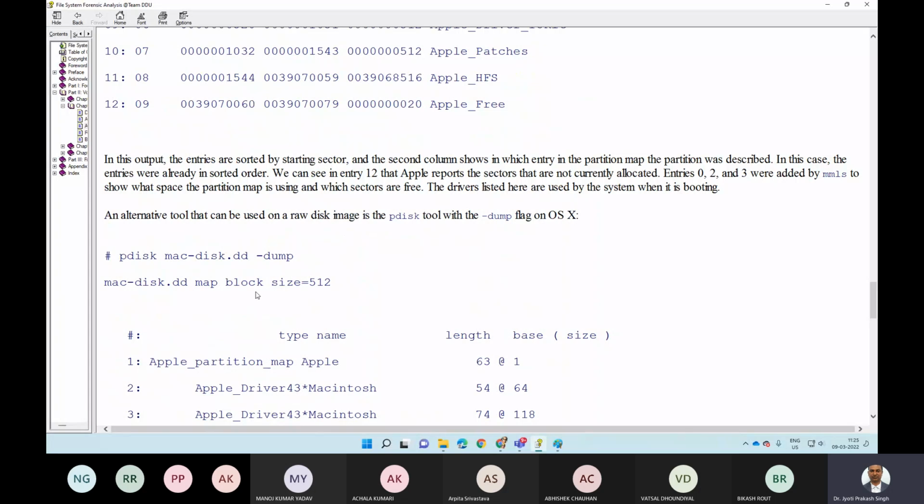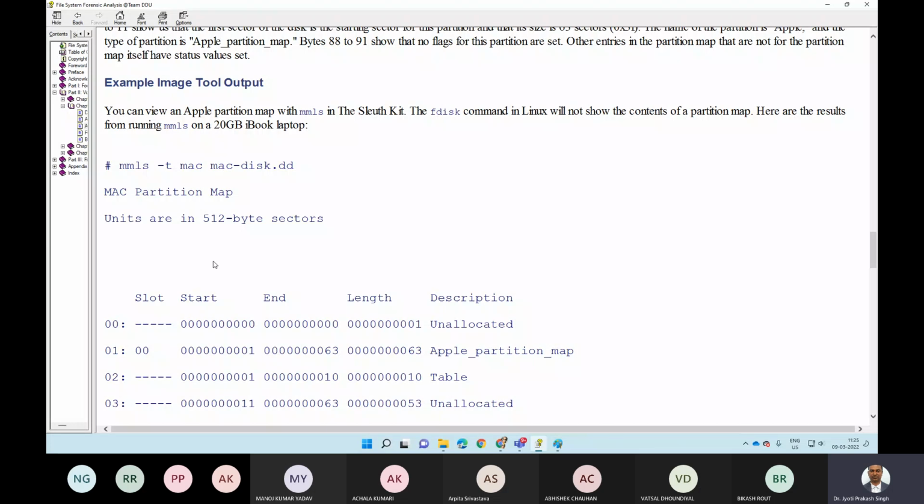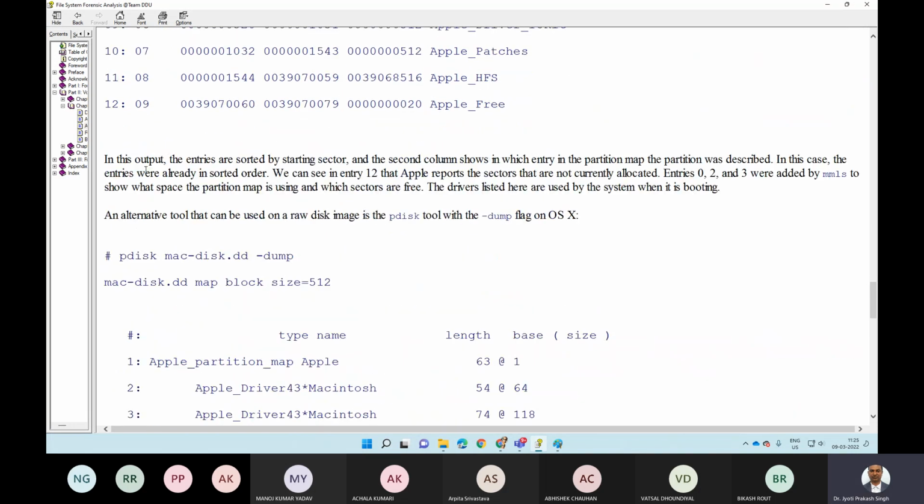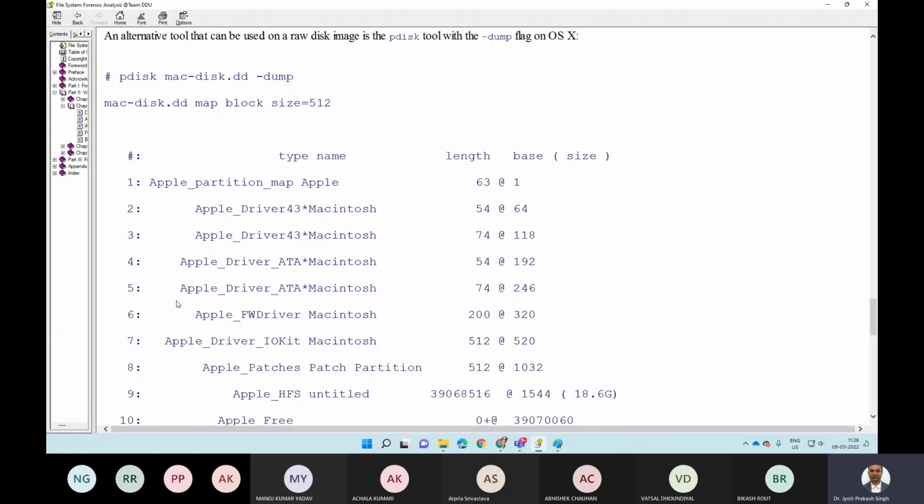You can see here, it is simple, and again there are two cases. एक तो है कि हम मैकबुक की ड्राइव को analyze करना चाहते हैं, so then we use our operating system from which we access, that is either Linux or Windows, then we can go to a command prompt and use whichever tool we have, MMLS. But if we have access to a MacBook only, हम मैकबुक से ही access करना चाहते हैं उसको, तो in MacBook they have a command called pdisk, and through pdisk you can easily find out कि कितने partitions हैं उसमें.